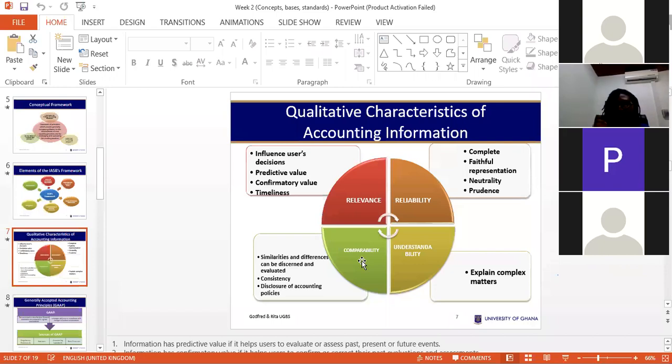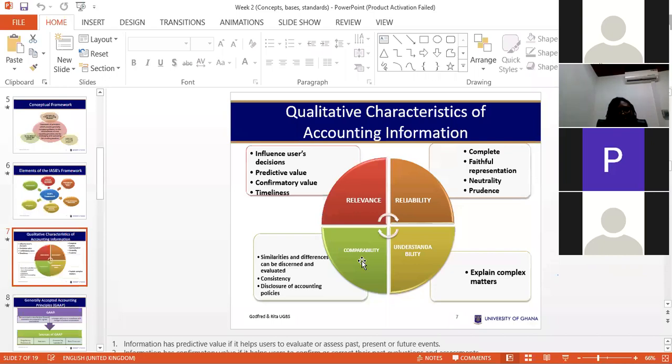Remember, fundamentally, all we are doing is to help the users to make what? Decision. So every information we are putting in there should be geared towards making sure that the decision they are making is good. So one of the key things is to compare, to be able to make decision.